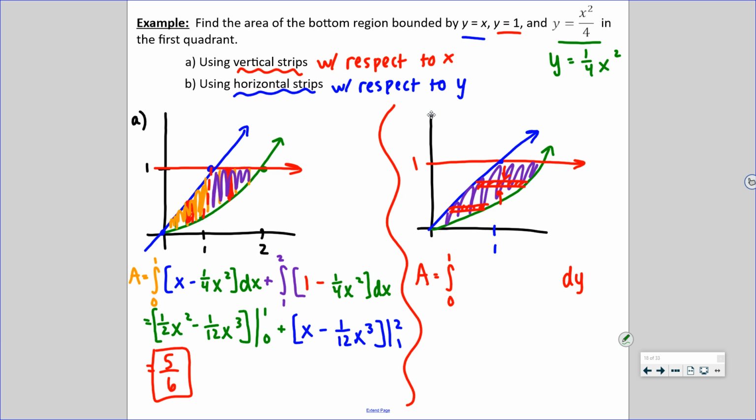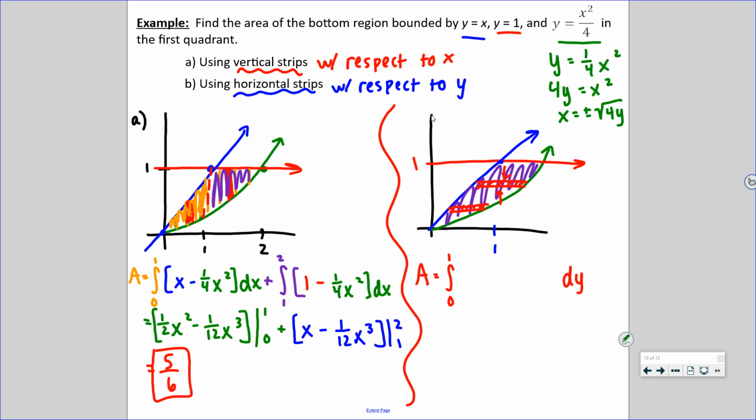This isn't too bad. Just multiply both sides by 4, then square root both sides. So I have plus or minus, but because we're only using this one in the first quadrant, I'll leave you the positive one, so you can ignore the other.